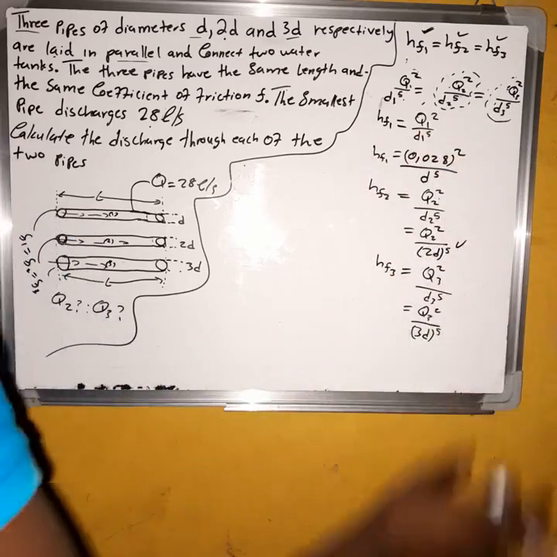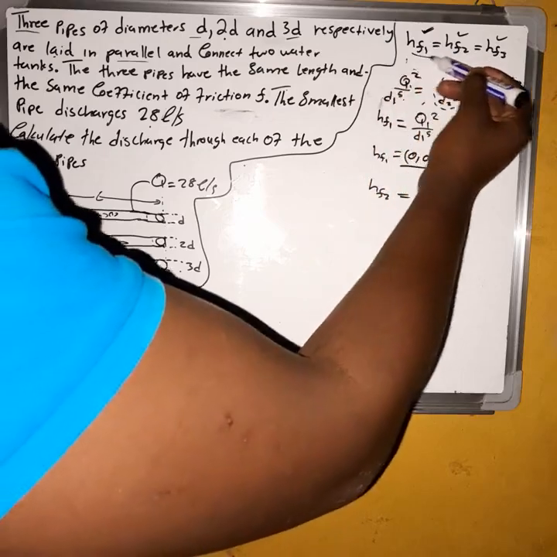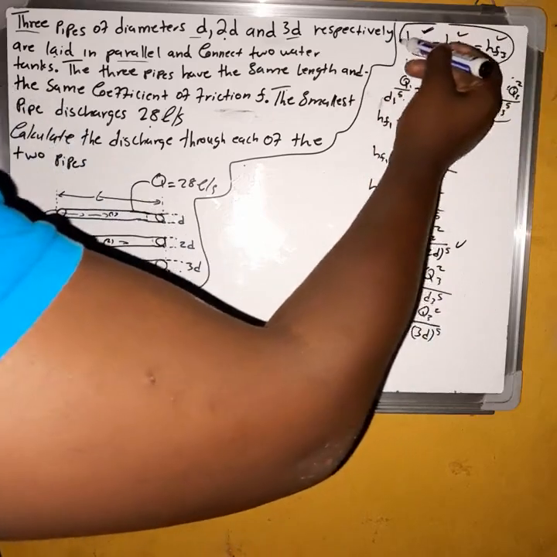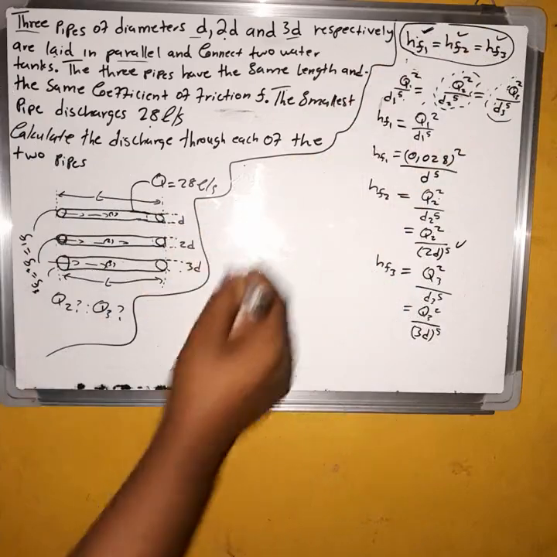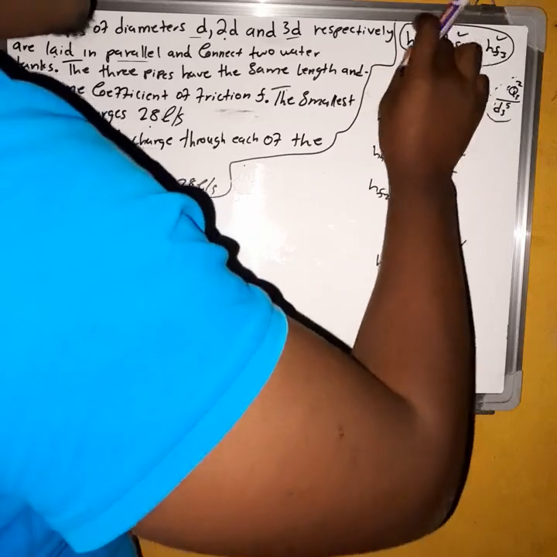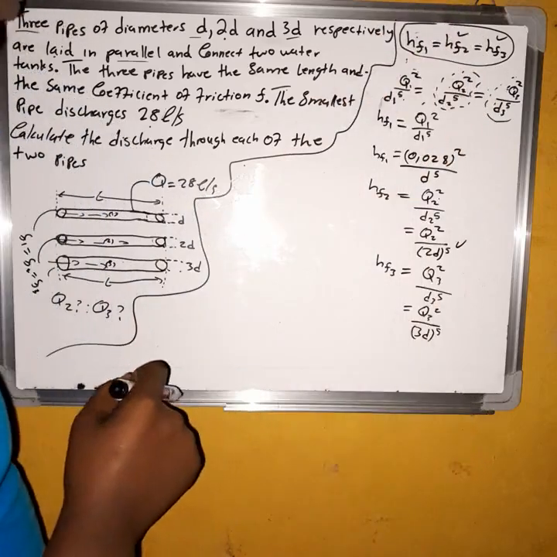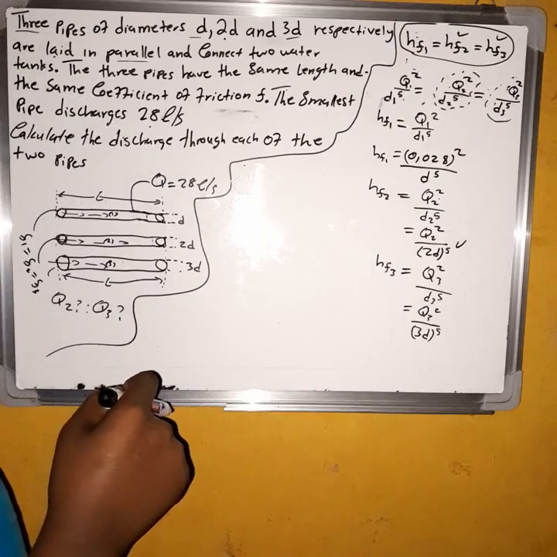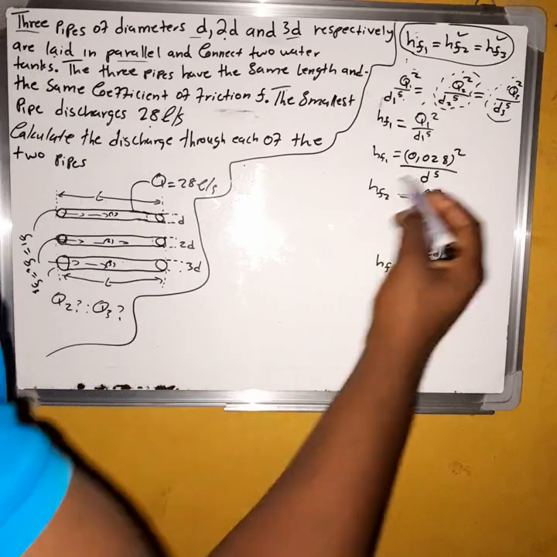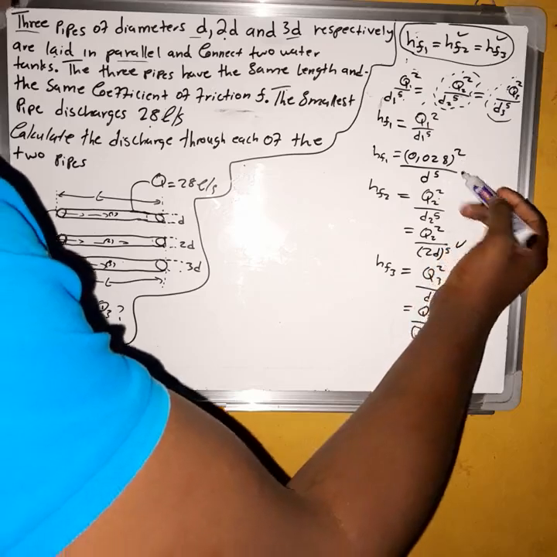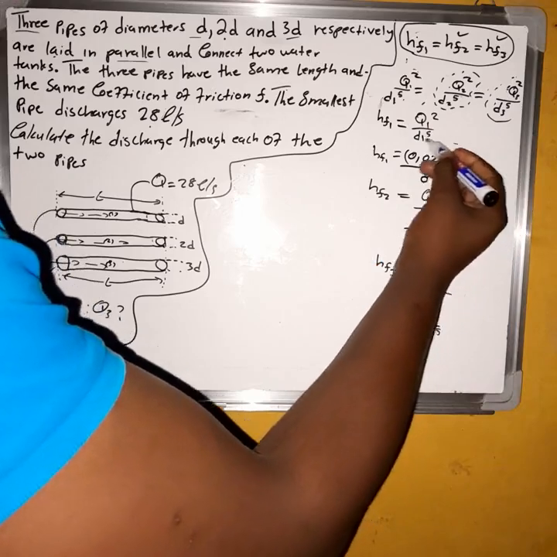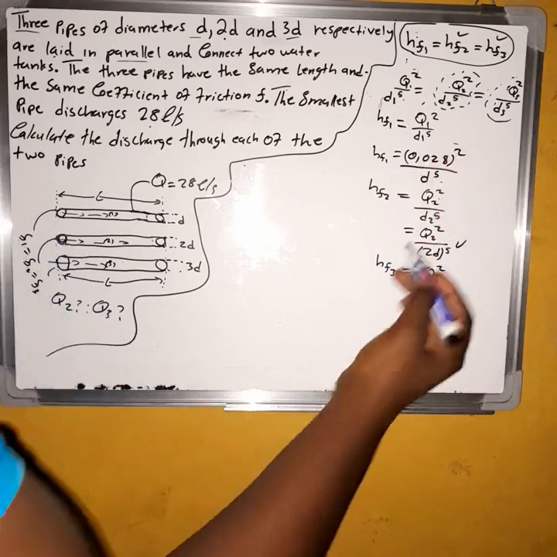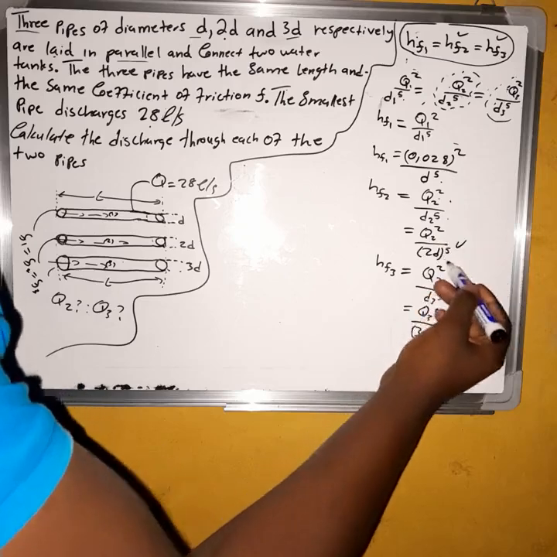Now we can equate this. Remember, we can come here, you return back to HF1. You can take it step by step. HF1 we already know. Advantage: this one has one unknown, the others have two unknowns.